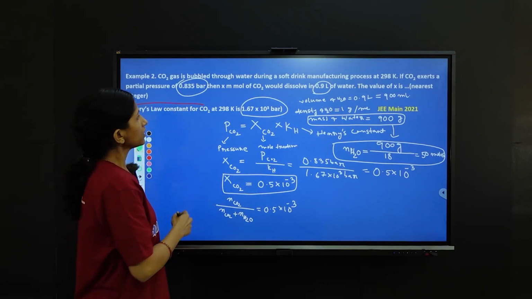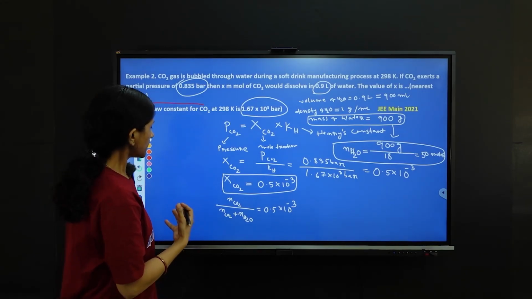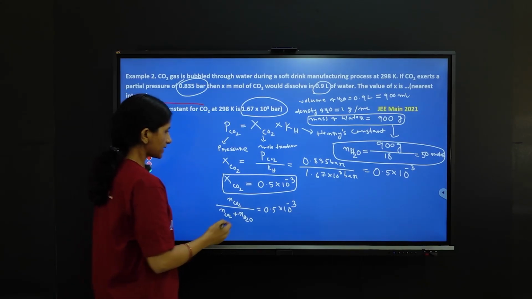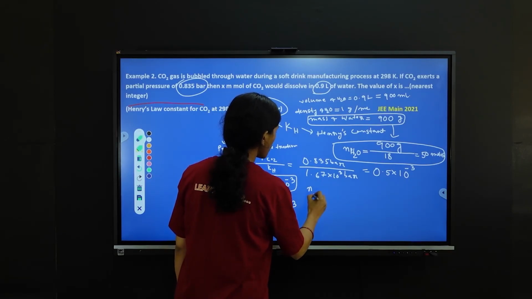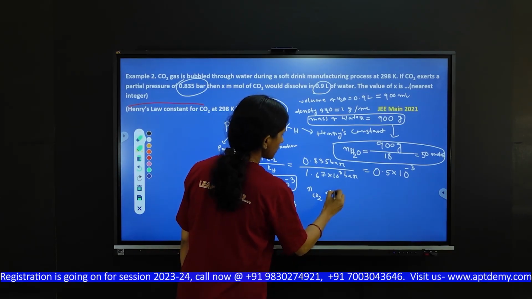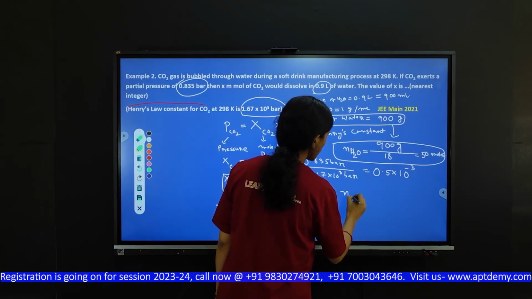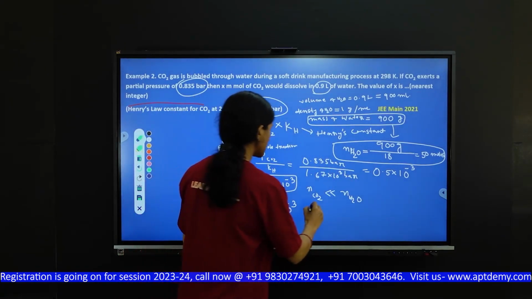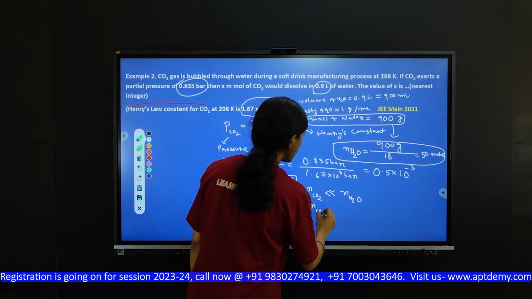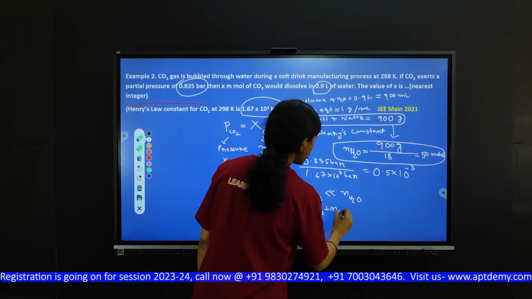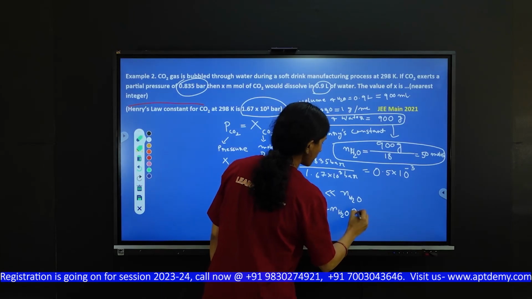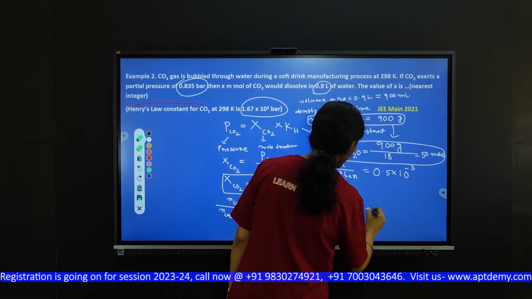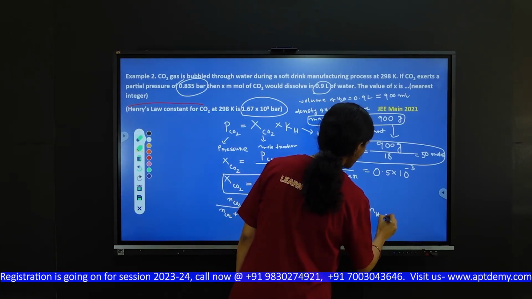Now from here you can easily comment that since the number of moles of CO2 is much less than the number of moles of H2O, so what can we say? That NCO2 plus NH2O is approximately equal to NH2O.